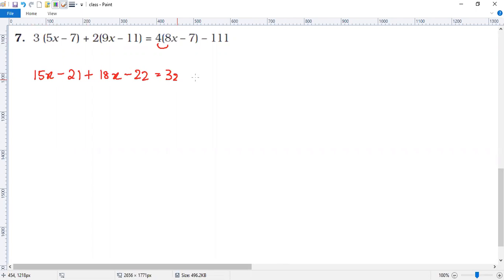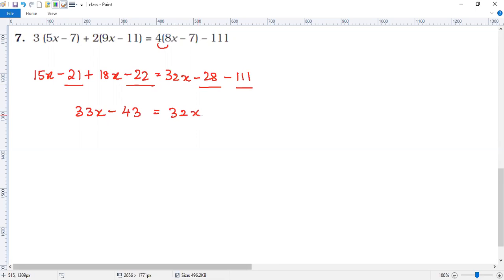32x minus 4 7 times it is 28 minus 111. So now grouping all x terms together, 5x plus 18x, what will you get? It is 33x minus, here again when you add minus 21 and minus 22, you'll get minus 43 is equal to, on the right side you have 32x.